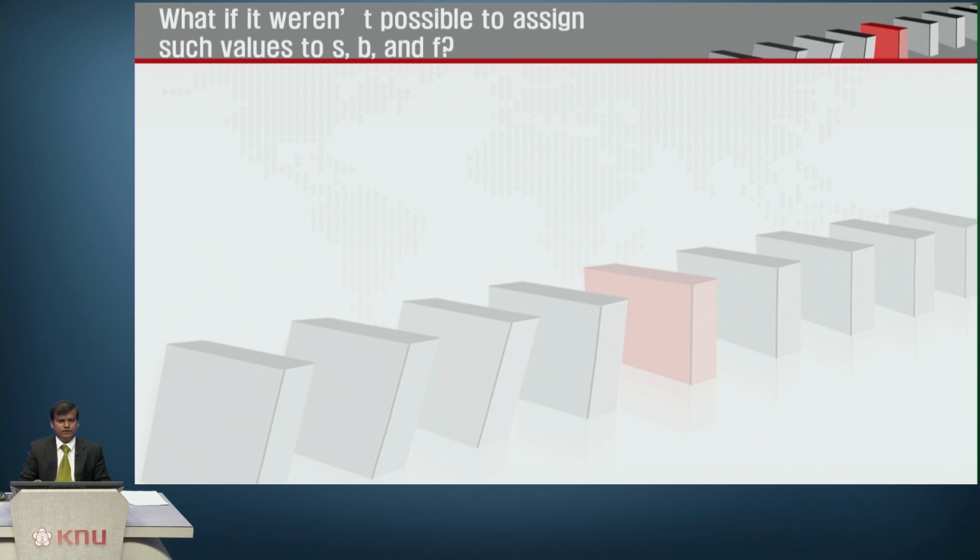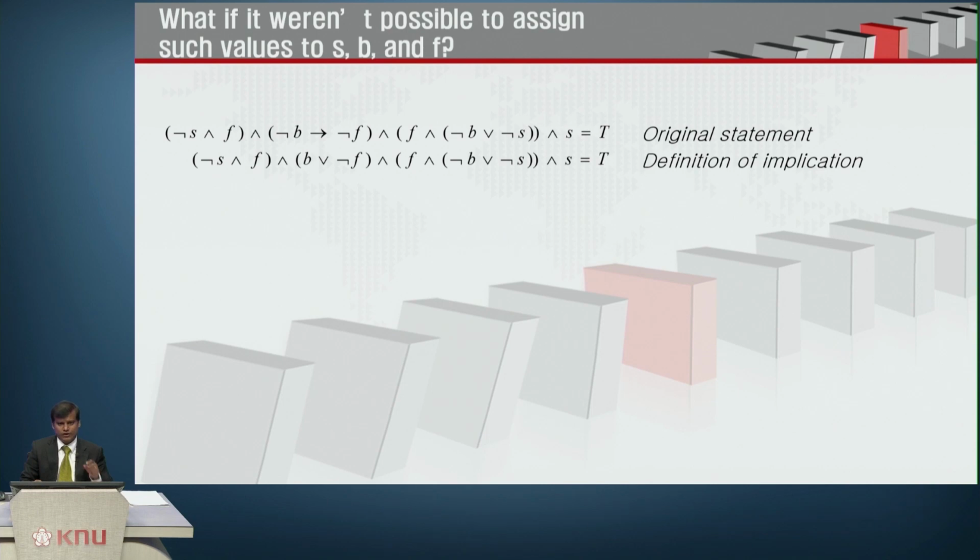So what if it weren't possible to assign such values as S, B and F? There are cases in which we are not able to assign certain values. So we try to use these logical equivalents to solve, as in the previous slides.